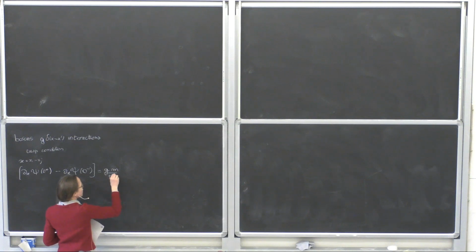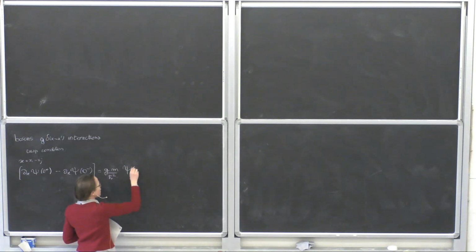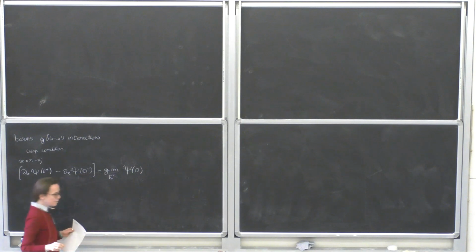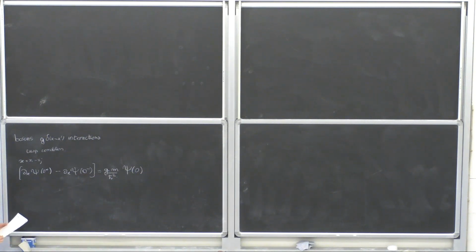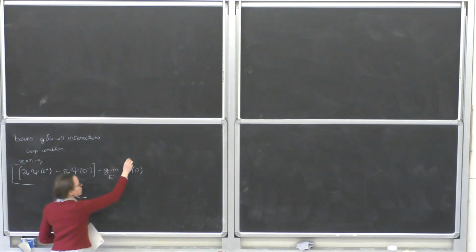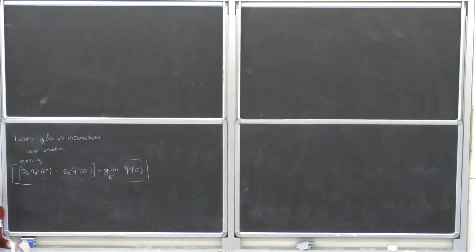And there is a factor m over h bar square at 0 distance. This is an important result which has helped us to build the exact solution in the homogeneous system by Bethe ansatz.